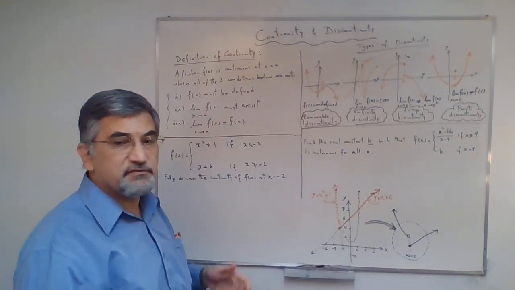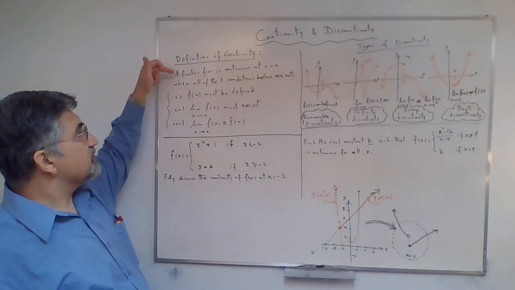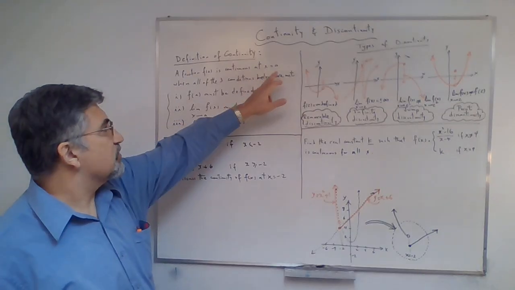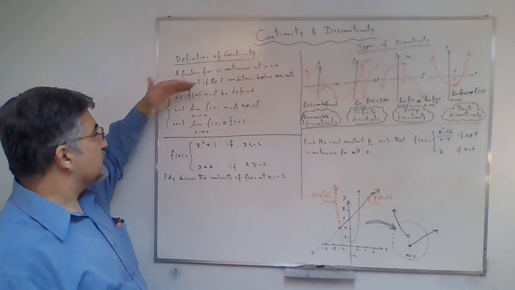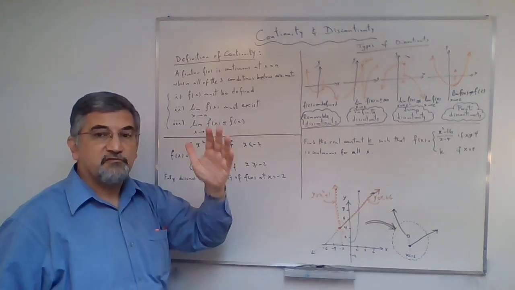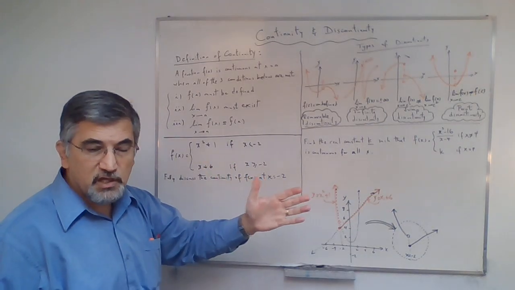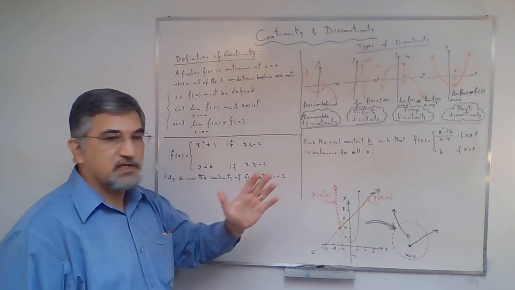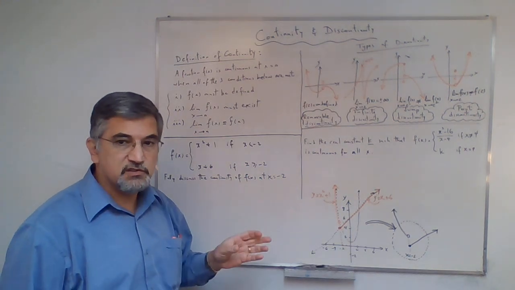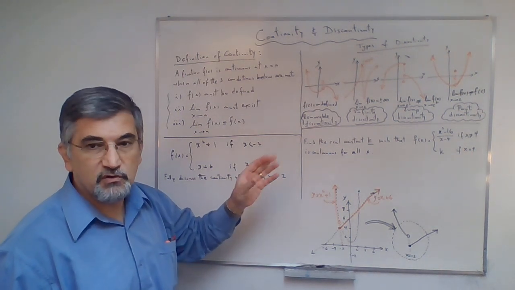But the theoretical definition of continuity is this. A function f of x is continuous at x equals a when all of the three conditions below are met. So three conditions must be met for you to say a function is continuous. If even one of them is not satisfied, then we say the function is discontinuous at that point x equals a.